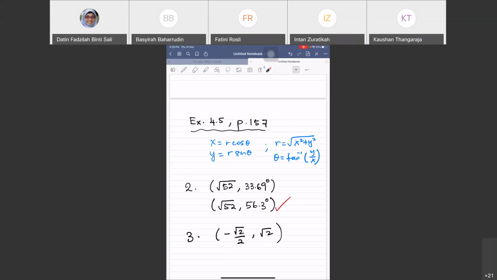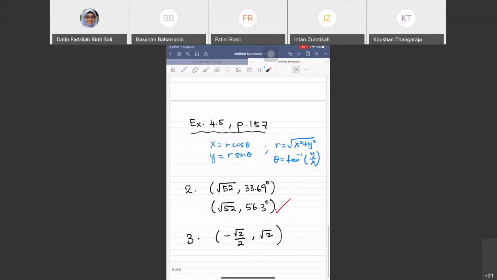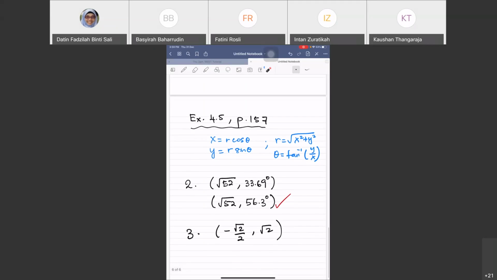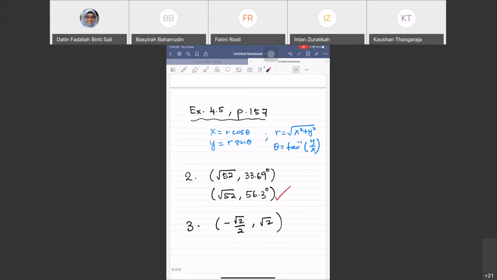Those I called up just now, once you got your answer, please let me know for this question 3. Madam, y is root 2 over 2. Yes, okay.